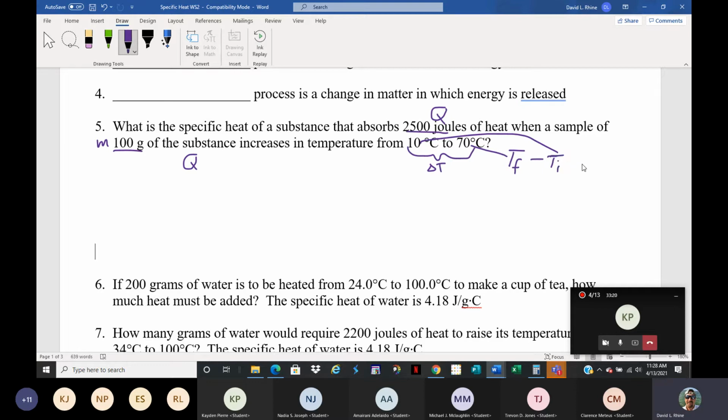So 70 minus 10 equals 60. Okay? Q equals MCAT. All right, so all you do now is, what do we want to solve it for? C.